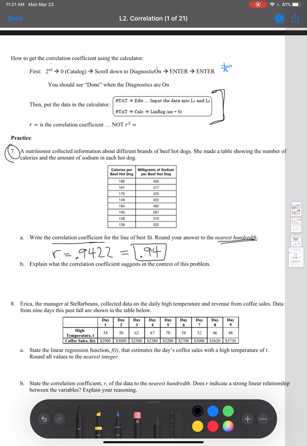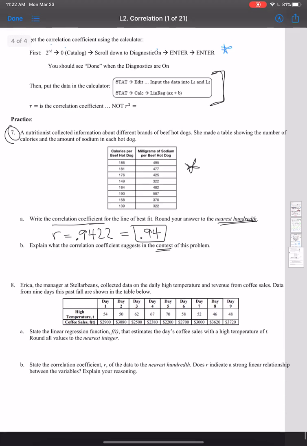Okay. Explain what the correlation coefficient suggests in the context of this problem. Remember, if you're ever told in the context of the problem, you are expected to mention the variables in your explanation.